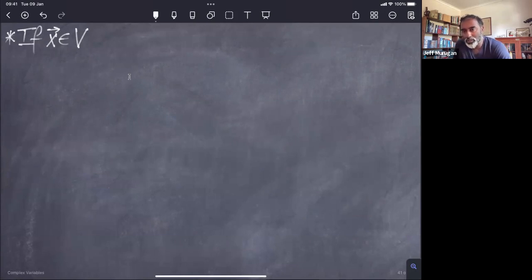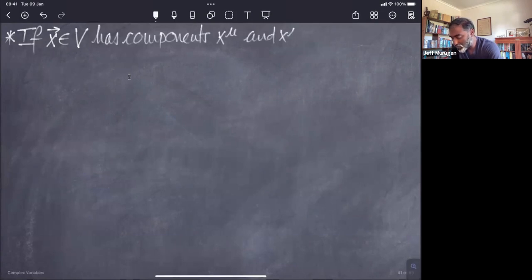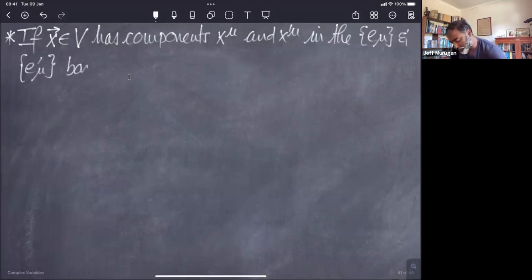And X has components, X mu and X mu prime, in the basis E and E prime, respectively.